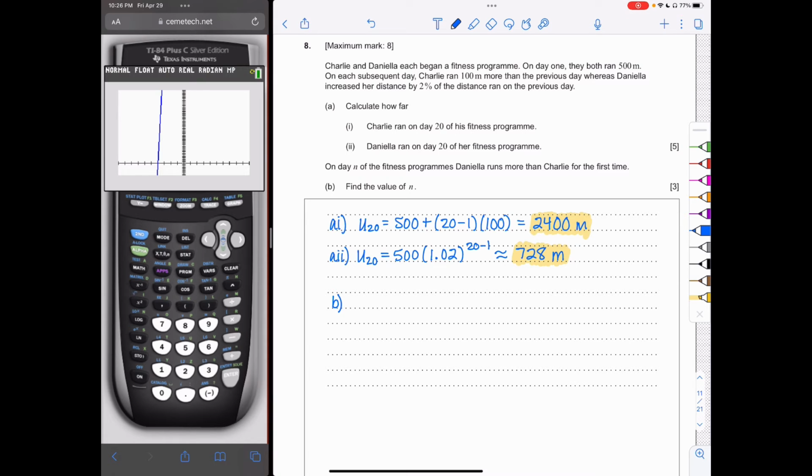All right, so what I'm going to do is press zoom. I don't see enough, so I'm going to press zoom fit so I can fit it to the screen. And then I should be able to see where they cross.